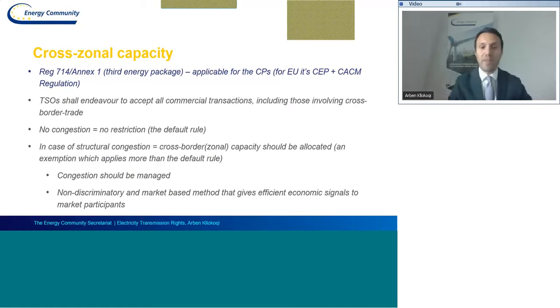So this is the case where the exemption to the rule applies in reality more than the rule itself. Congestion should be managed on the basis of a non-discriminatory and market-based method.